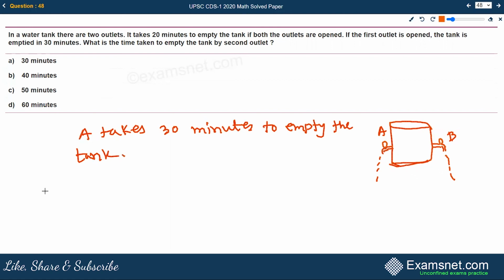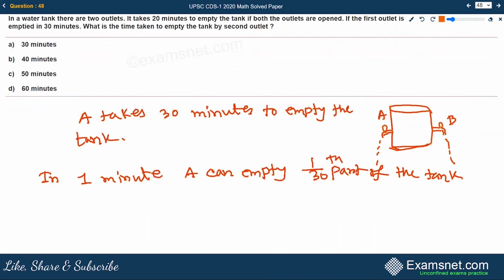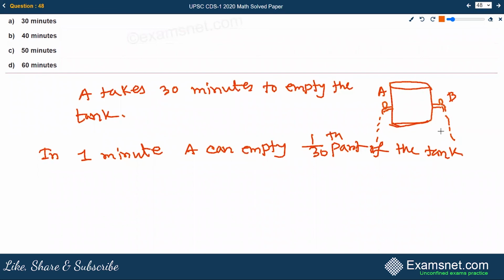So we can write, in 1 minute, A can empty how much part of the tank? That is 1/30th part of the tank, because it takes 30 minutes. So in 1 minute, only 1/30th part of the tank will be emptied. Now we don't know how much time is taken by B to empty the tank.